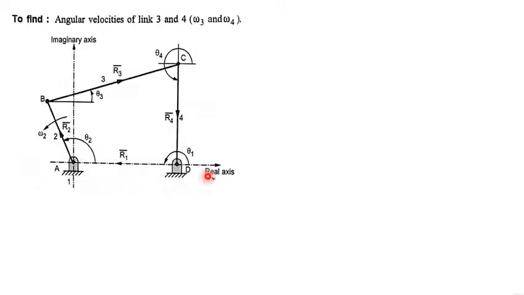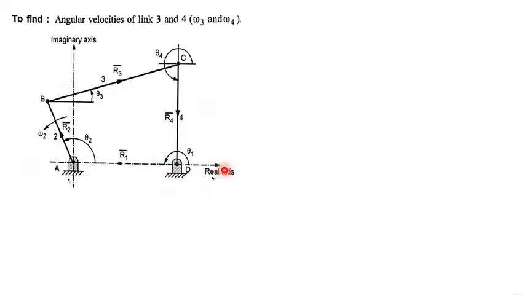For this link we have to find either vector A with respect to vector D, or D with respect to A. I will consider the first condition, that is, vector A with respect to vector D, therefore the direction should be towards A. I will consider it as vector R1, and its angle is theta 1 with respect to the real axis.